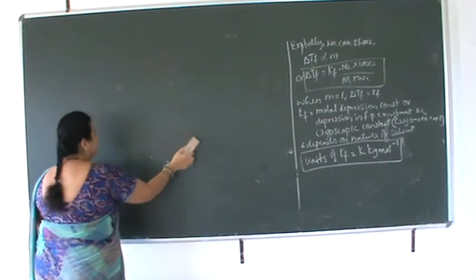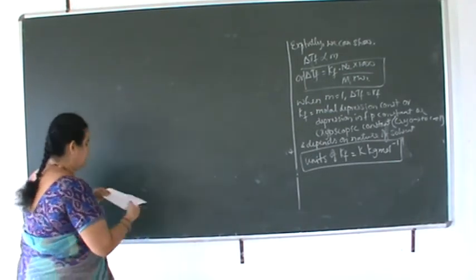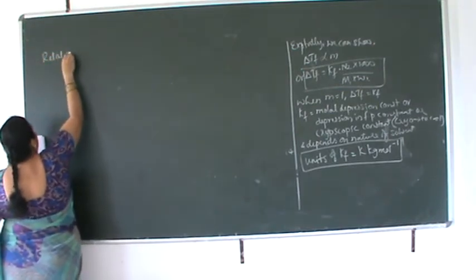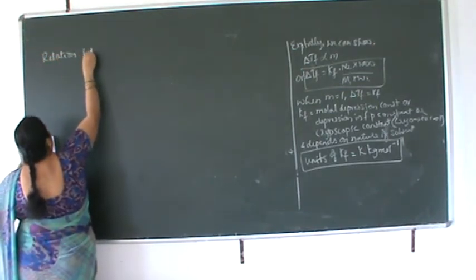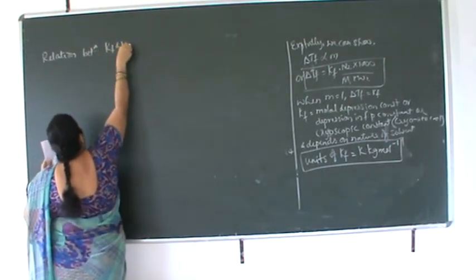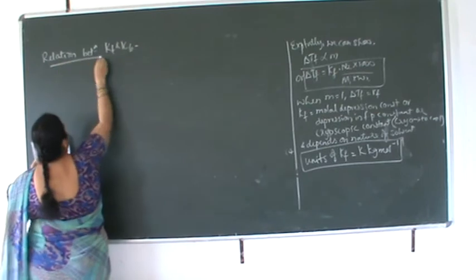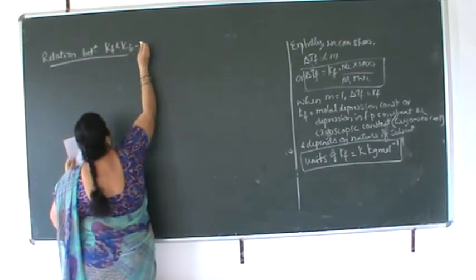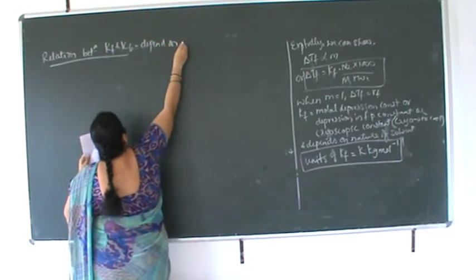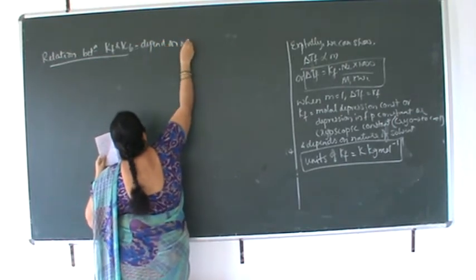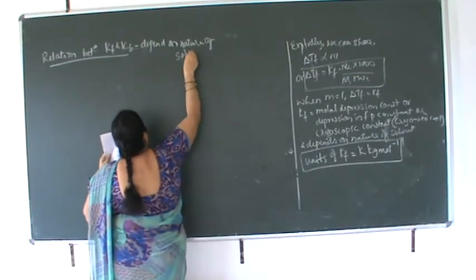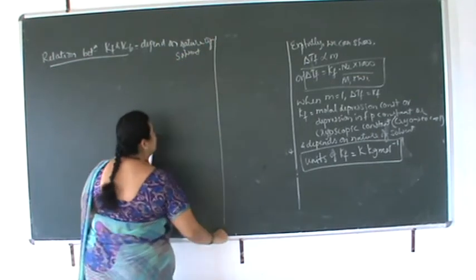Now next one, the relation between the constants Kf and Kb. Both depend on the nature of the solvent, so both can be related by a common relation.